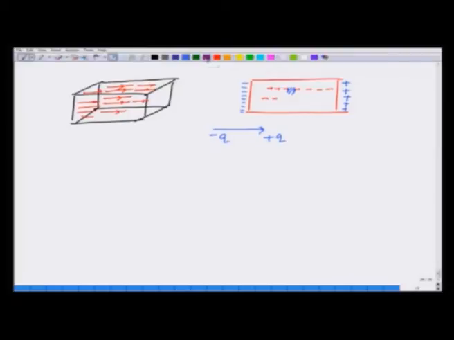Let us also look at a situation where the density varies. So, let us say that these arrows are getting bigger, or the arrow size is changing. So, the density varies, or the charges are becoming bigger. So, let us say this is minus q plus q. For the same distance, next I have slightly larger charge minus q plus q.